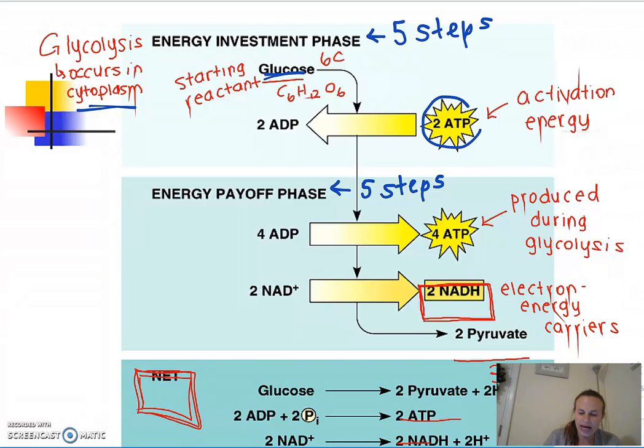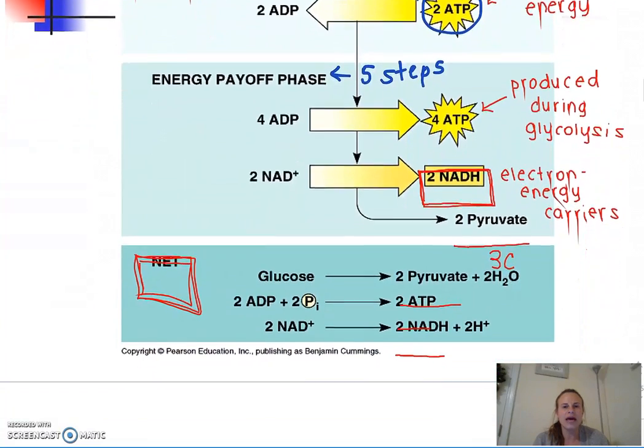I need 2 ATP in order to start glycolysis. During the energy payoff phase, I produce 4 ATP as well as 2 NADH. And remember, those NADH are those electron energy carriers that are used throughout the various stages of cellular respiration.